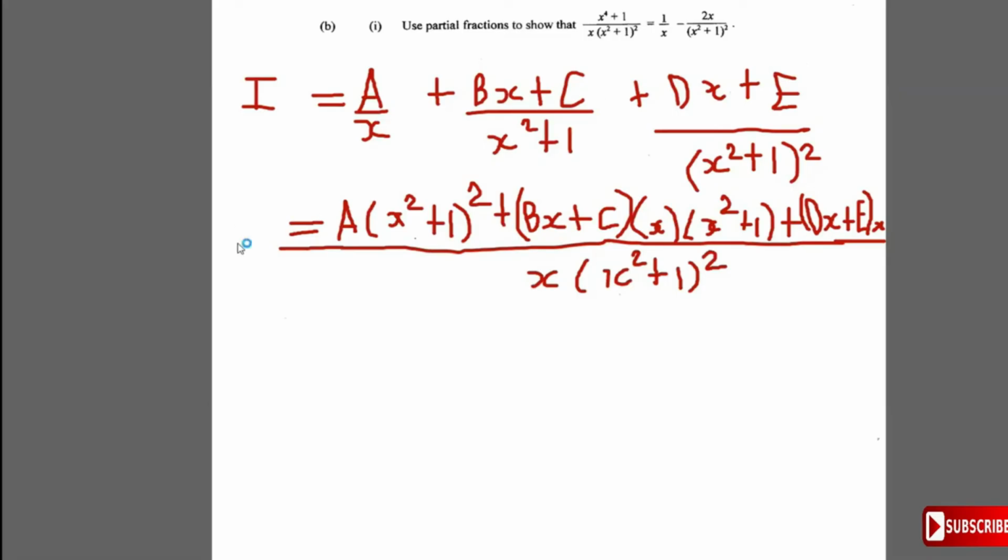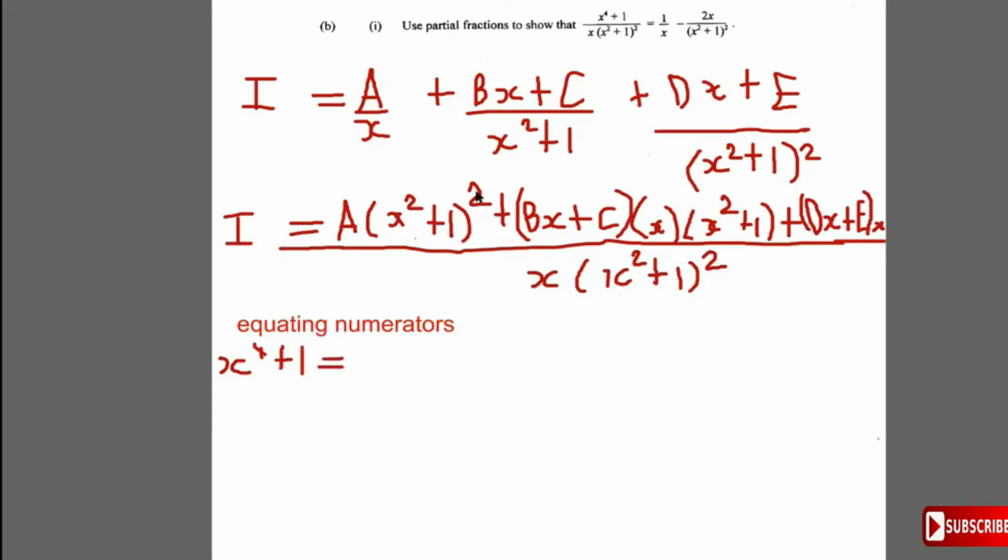So since I is equal to this, before we even simplify, we can just equate the numerators. Equating the numerators, we are going to see that x to the 4 plus 1 is equal to all of this.